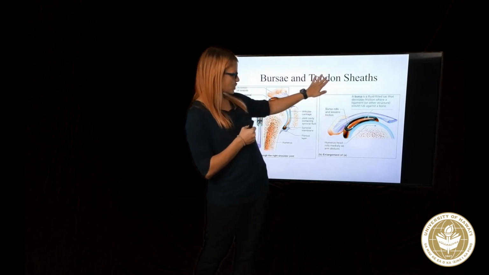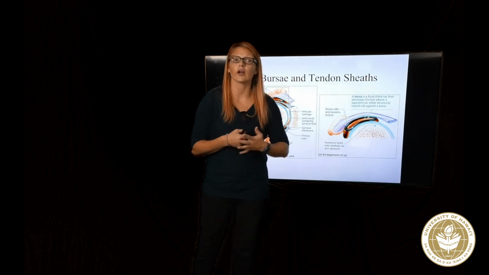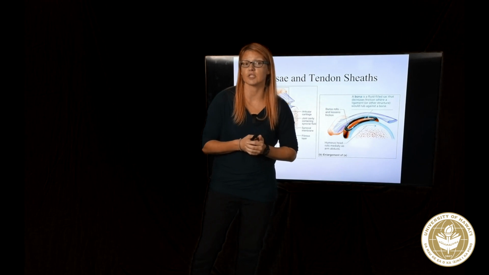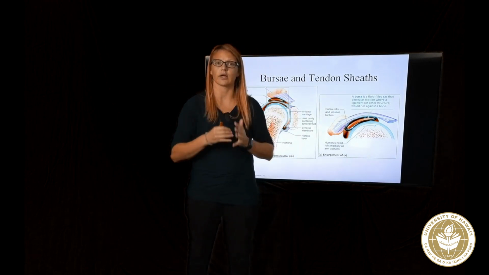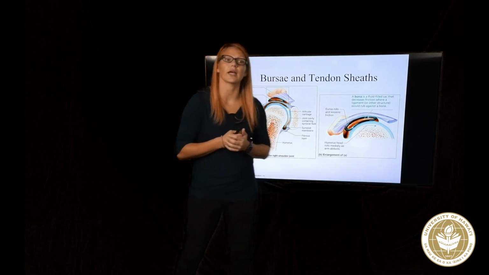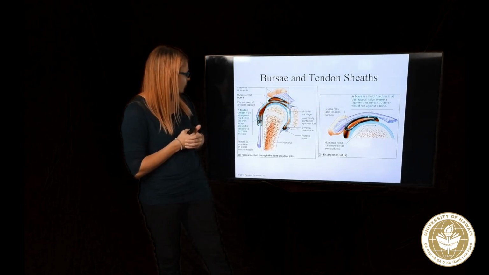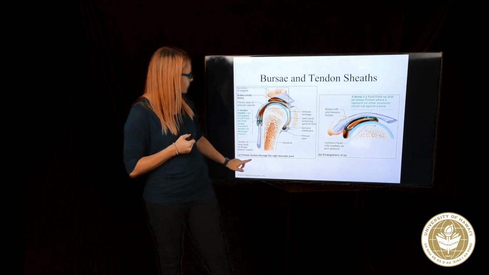The tendon sheaths are going to be elongated bursae that wrap completely around a tendon that is subjected to friction. Kind of think of it like a bun going around a hot dog, right? And this is very common where the tendons are crowded together in narrow canals like the wrist. You can also see that here. This is showing you the frontal section through your right shoulder joint.